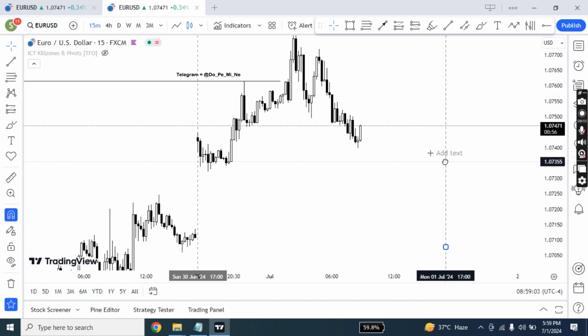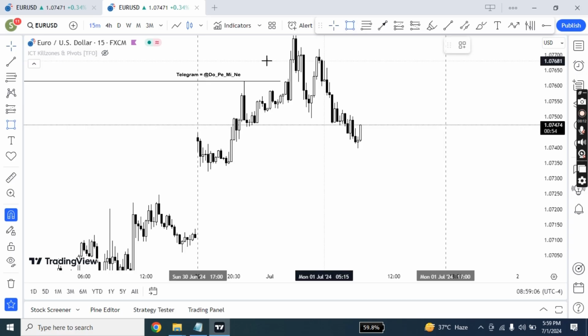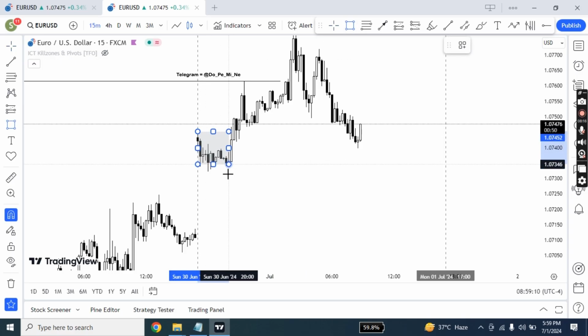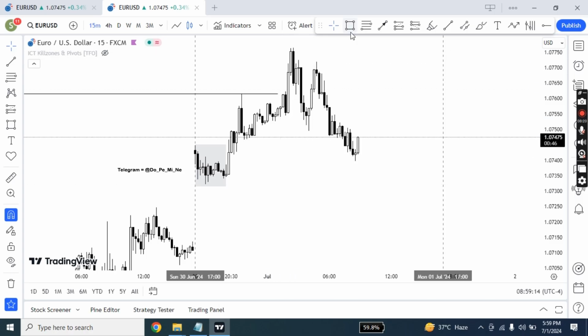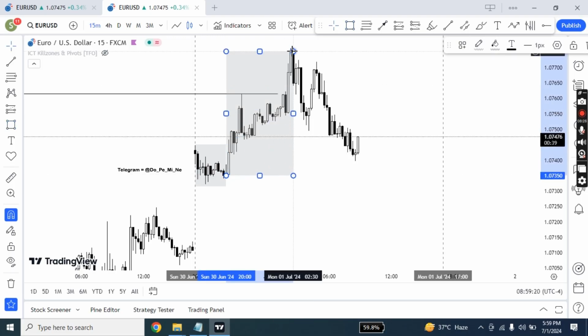Now again, based on the same logic as I said before in the first chapter, price straight away goes into what? It goes into a ranging profile. And then after the ranging profile, it has one possible outcome, which is an expansion or a manipulation.